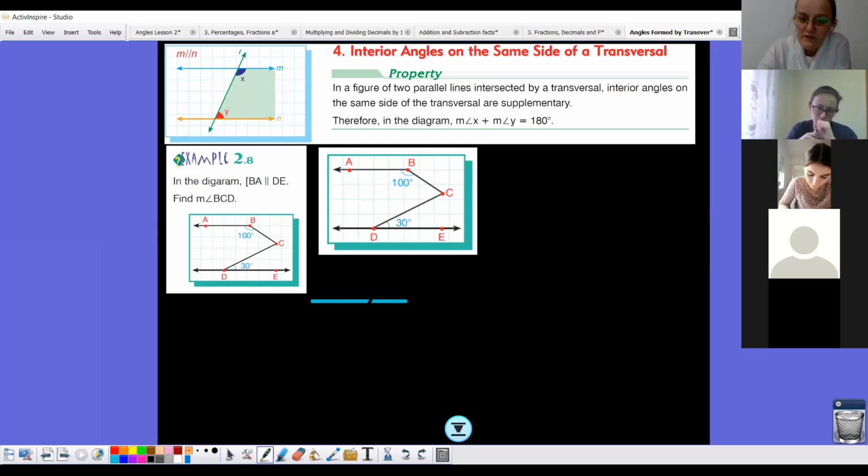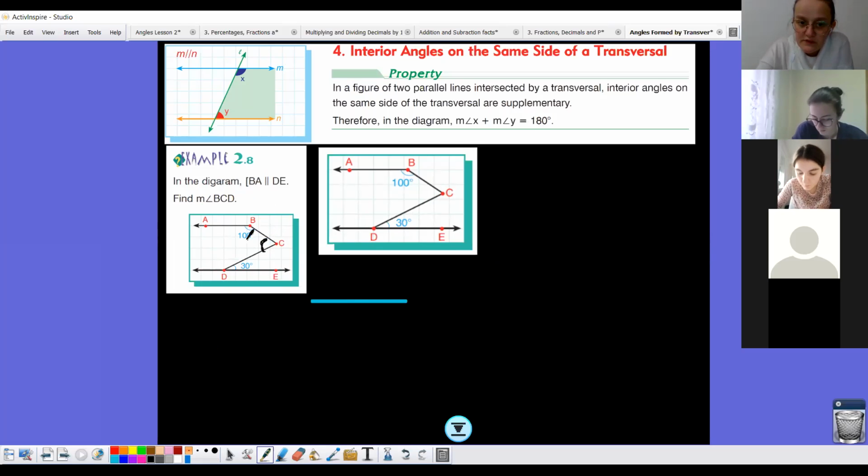So here we have some examples. In the diagram, ray BA is parallel to line DE, and we are looking for the measure of angle BCD, this one.